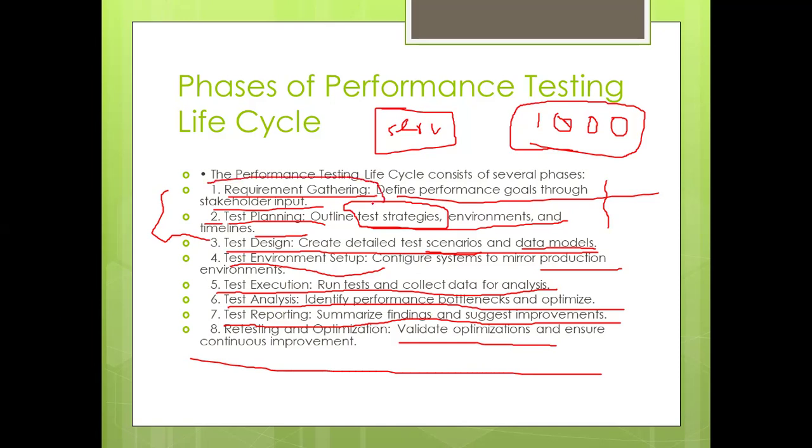Once we get all the requirements gathering documents, then we will go for the test planning document. Once these two documents are completed, then we will go for test design. Then test environment setup, test execution, test analysis, test reporting. If needed, you can do optimization and retesting again. So these are the eight cases.